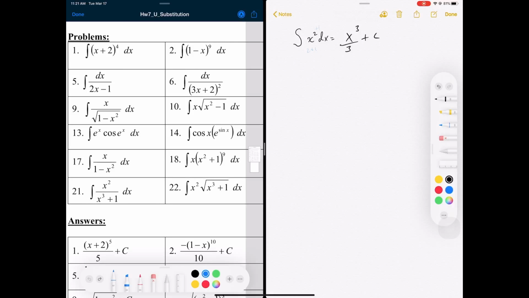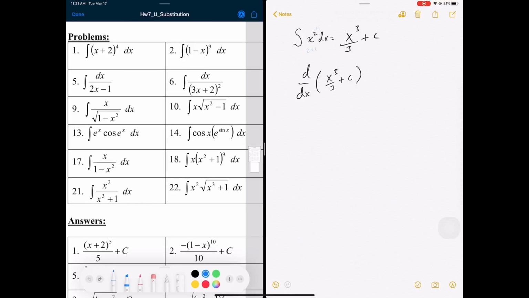And if I take the derivative of this going forward, d over dx of x cubed over 3 plus c, this will also be power rule going forward. We bring the exponent to the front, and we subtract by 1.